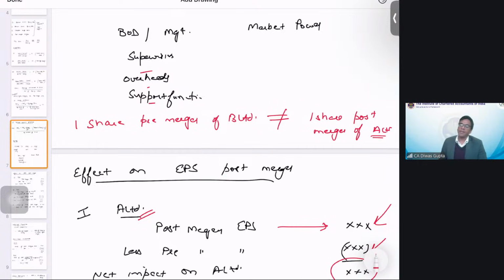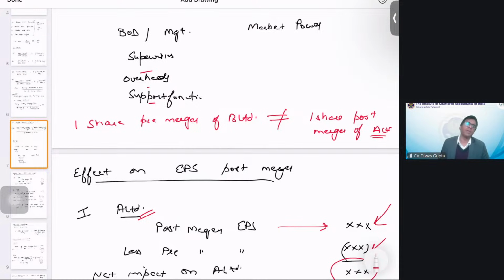Correct? See, first of all, students, B Limited after merger will not have its identity, or even if it has, the effect of merger on equity shares is not getting computed on B Limited's holding. It's always getting calculated on post-merger A Limited's holding.